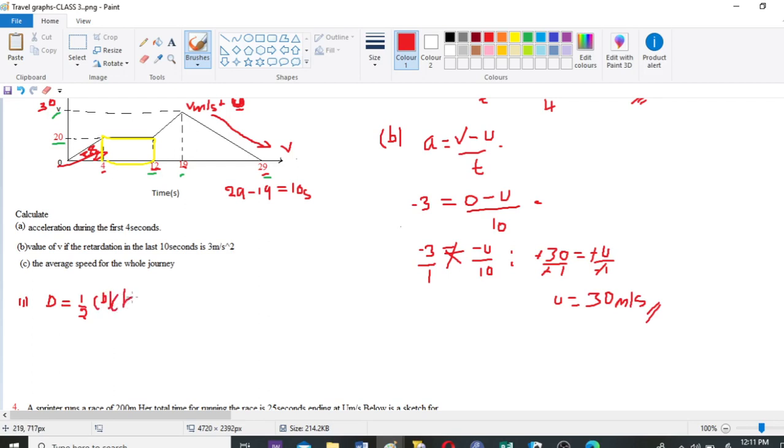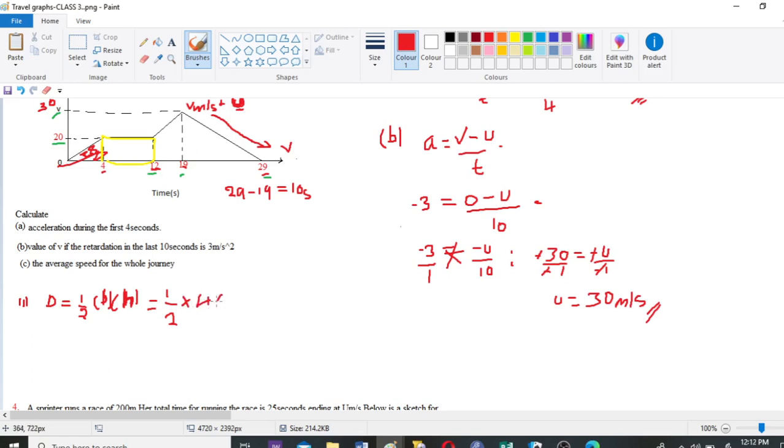That is the formula for the area, which we use as the distance, which is the area under the graph. So we have half there. But what is our base? Our base is 4. That is the first triangle. Our base is 4.